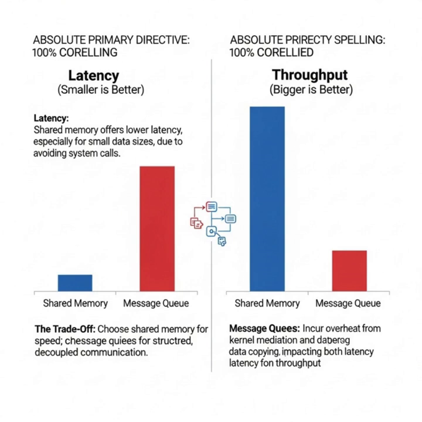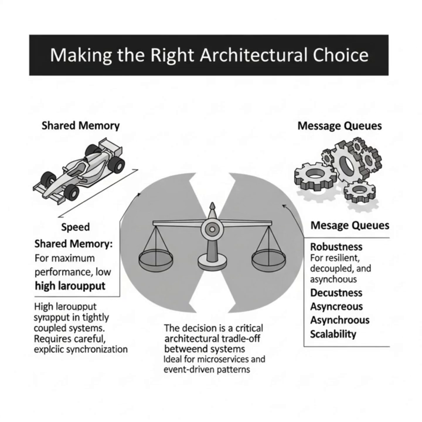The key takeaway is this: for low latency, high volume data exchange, shared memory wins. For scenarios where decoupling, reliability, and structured messaging are more important than raw speed, message queues are superior. In conclusion, the choice between shared memory and message queues is not about finding a single best solution, but about understanding the fundamental trade-offs and aligning them with your system's architectural goals.